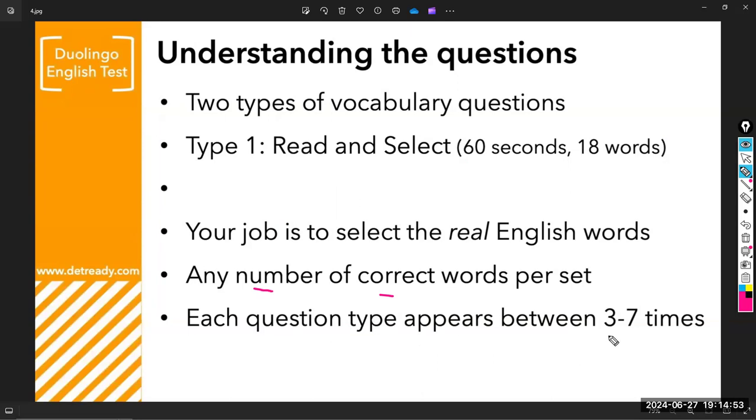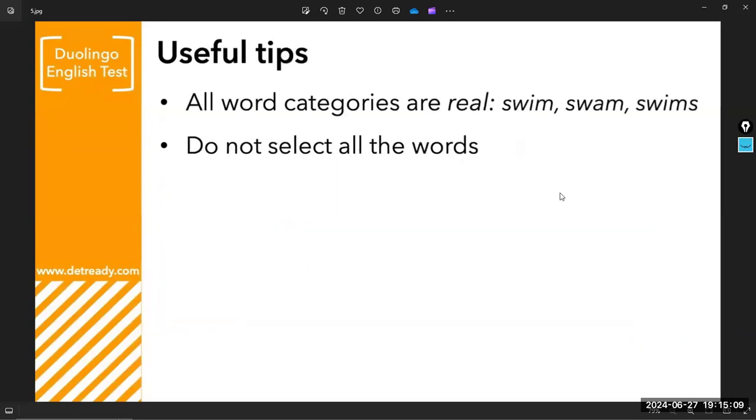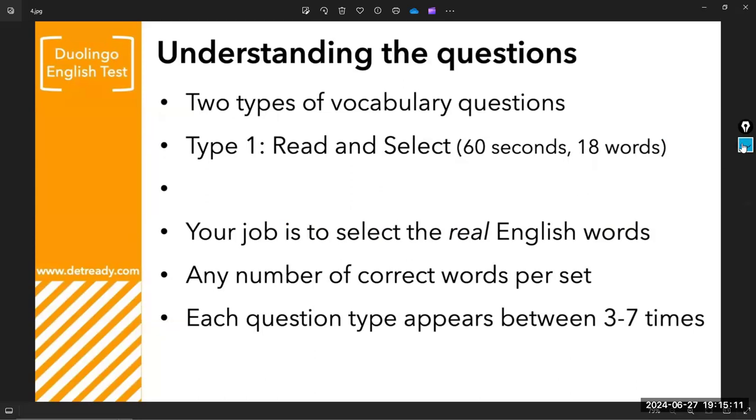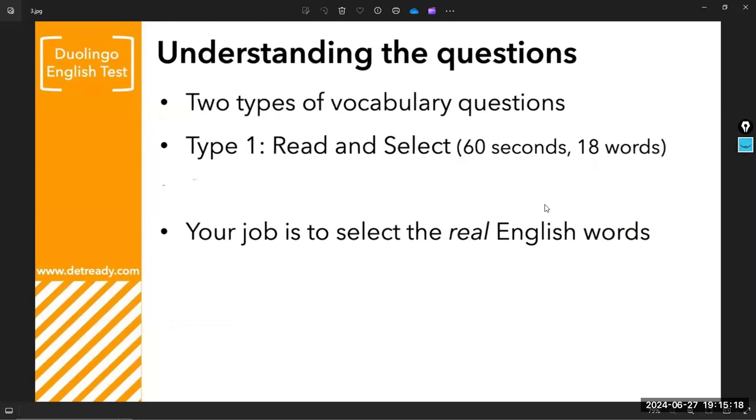Now, each question type appears, so maybe you will do this module from 3 to 7 times. Absolutely, it depends on the exam that you are applying to. How 3 to 7 times? Maybe you have to select the words 3 times. Let me show you how.